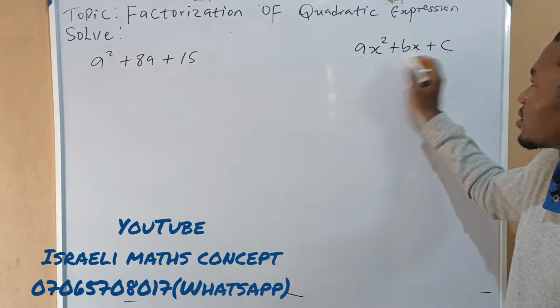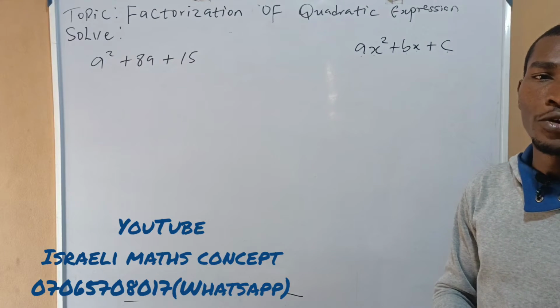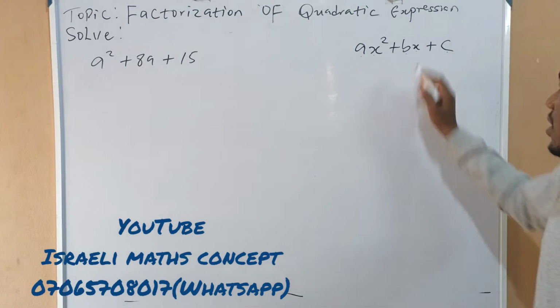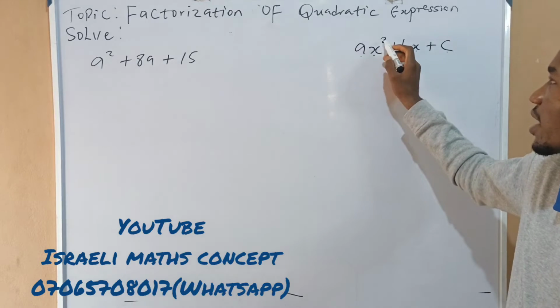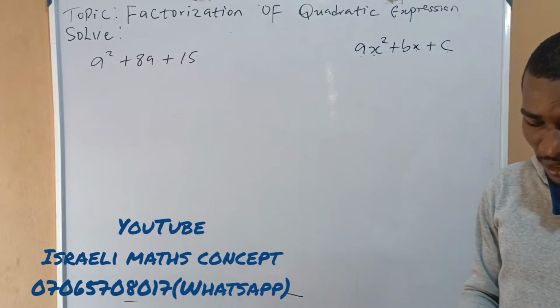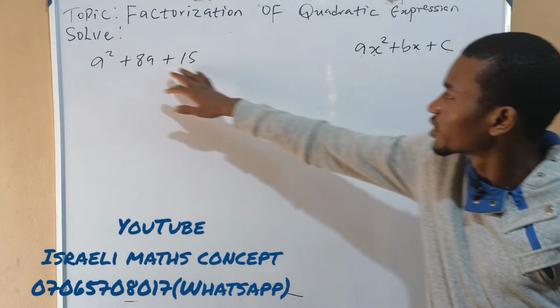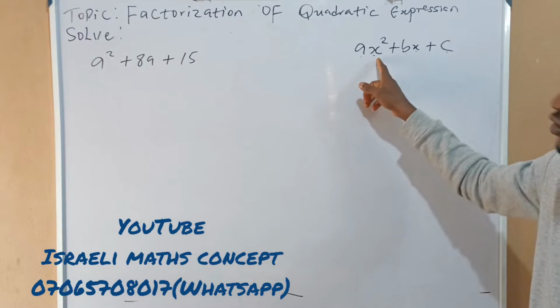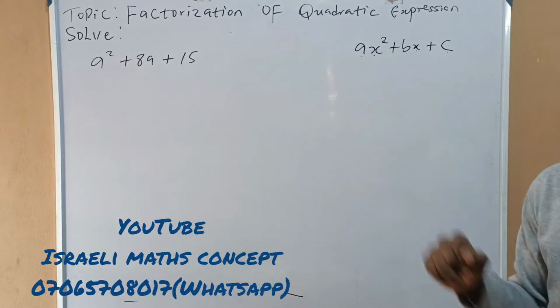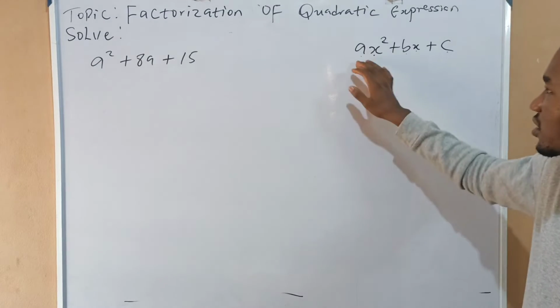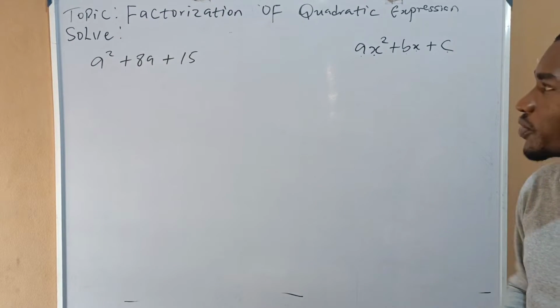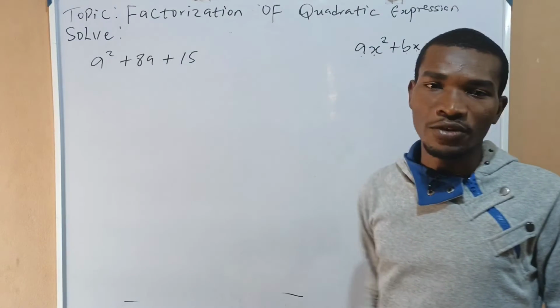The x here is called the unknown variable, and the highest degree of the unknown variable x is 2. So anytime you are given a question of this form, just trace your mind back to the general form of a quadratic expression. And once it's in relation to the quadratic expression, you can easily factorize this given question.